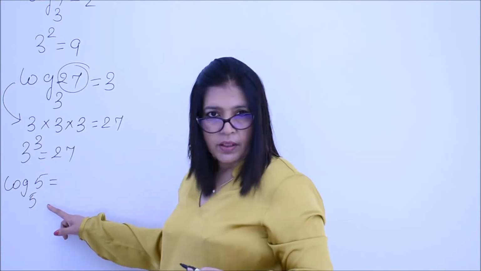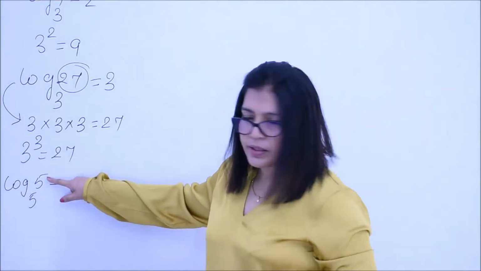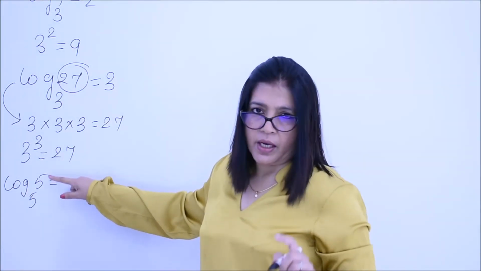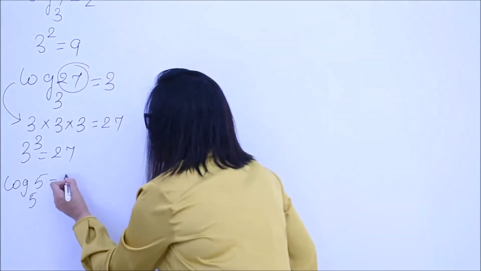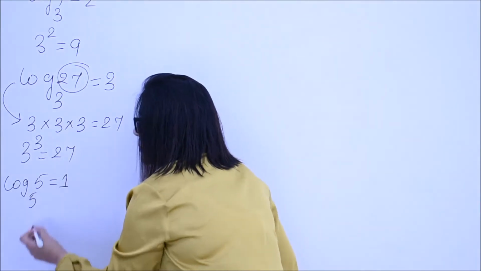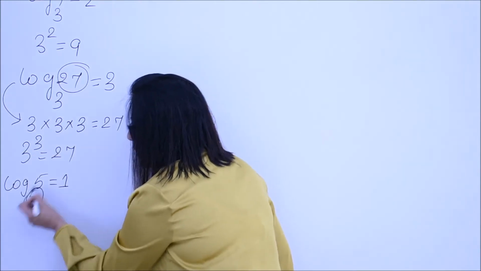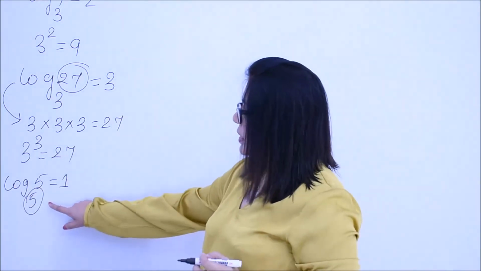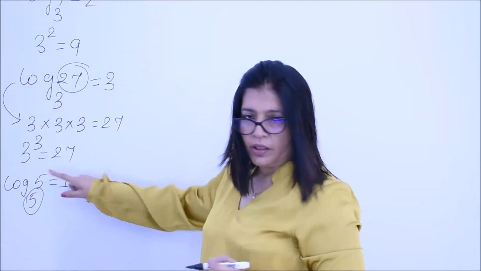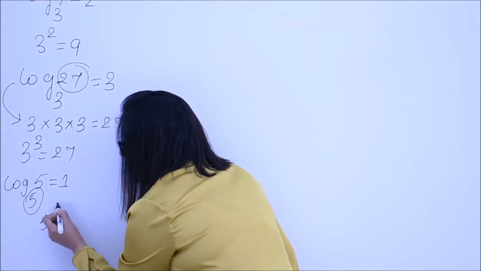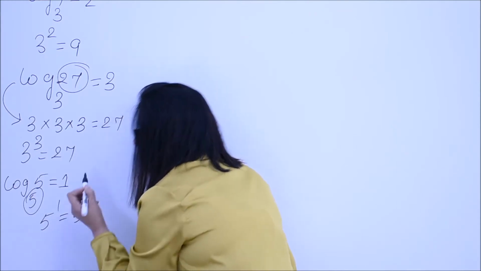So 5 is not going anywhere, the result is 5 only. It means I should raise 5 to 1 because it is 100%. So this growth rate is 5. When it stays the same, then the final result is 5. Therefore, we get the relation 5 raised to 1 is equal to 5.